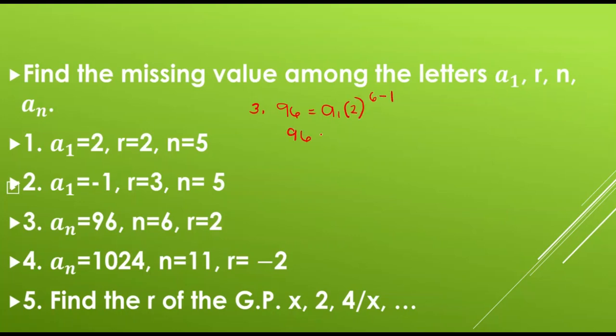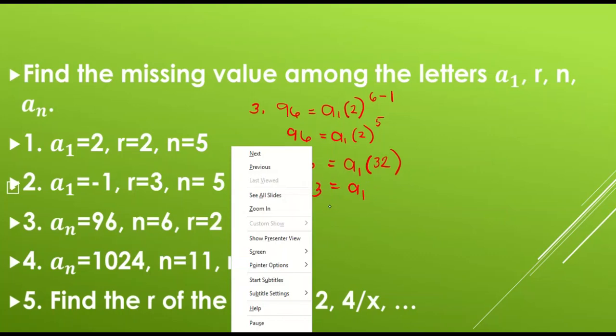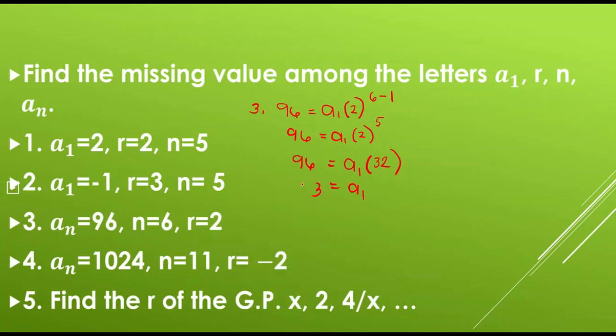So 96 is equal to a sub 1 times 2 raised to 5. 2 raised to 5 is 32. Then divide both sides by 32. You will have a sub 1 as 3. 96 divided by 32 is 3. So a sub 1 is 3.